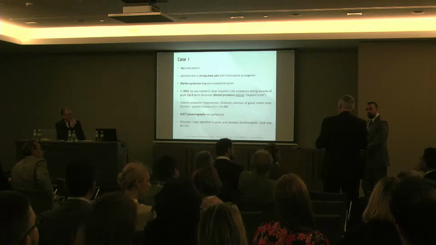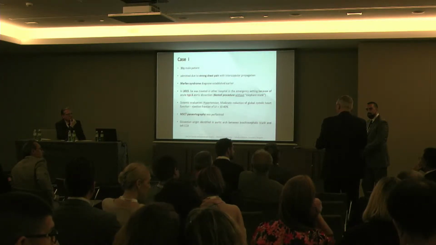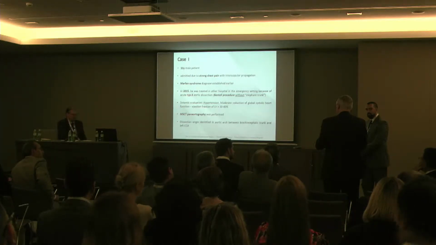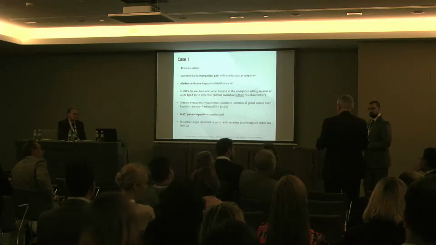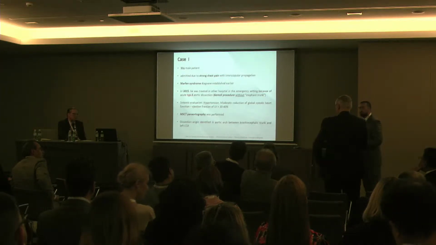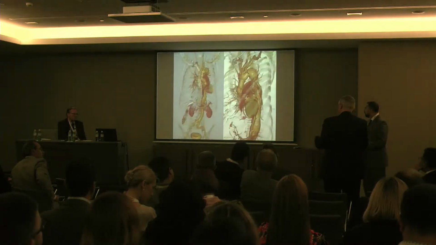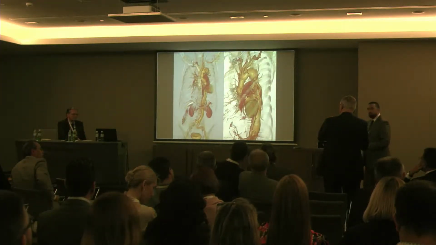And if we have time, we do a David operation with reconstruction of the aortic valve, but in most of the cases, if we have severe AI, we do mechanical valve replacement, the total arch, and the frozen elephant trunk in the true lumen down to mid-thoracic level.